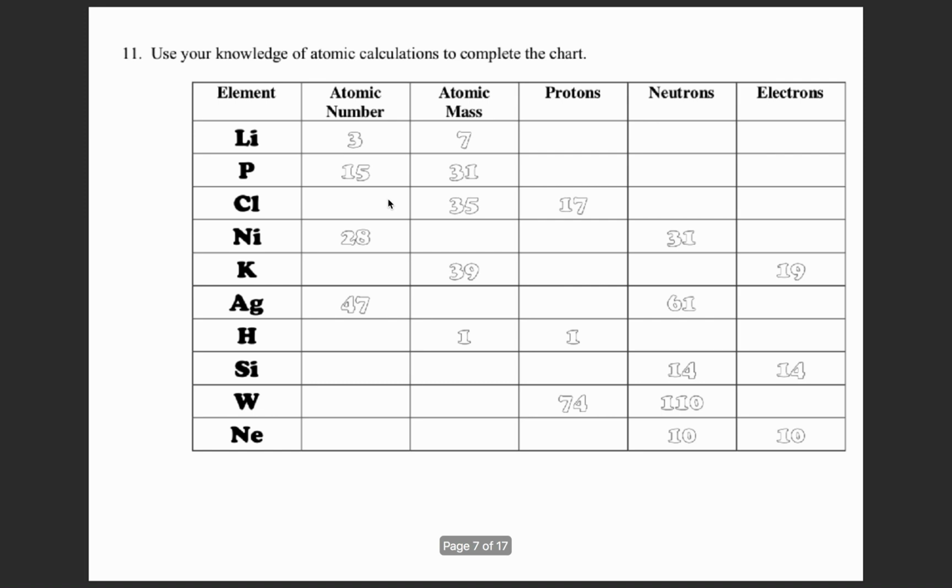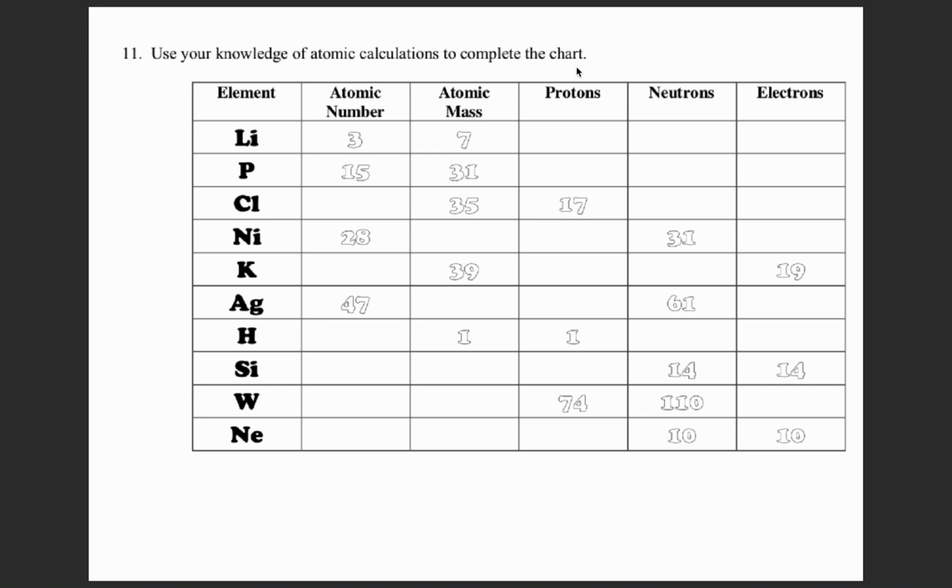For this worksheet, on the front or on page 1, you're going to fill in the blanks. I'm going to give you a very easy clue how to do this. I need you to draw a star above atomic number, draw a star above protons, and draw a star above electrons.